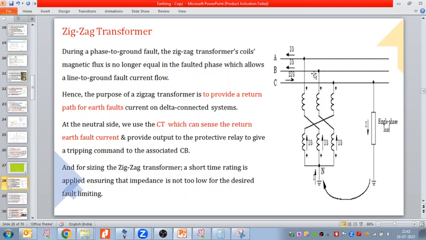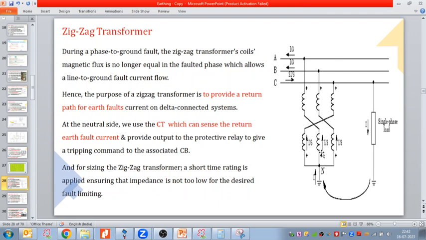Here we can see another example. Here we have the ABC, means R Y B phase. Here we are connecting this zigzag transformer. Suppose here a line to ground fault occurred. Now this fault flowing here, neutral point here we have. So now here the current will get three paths to flow: I by 3, I by 3, I by 3, right?